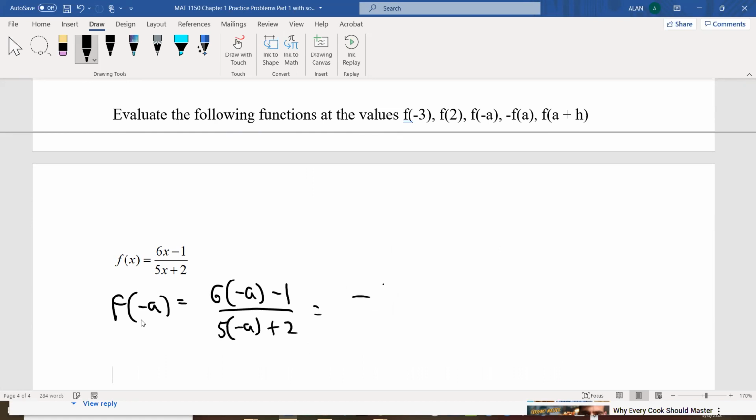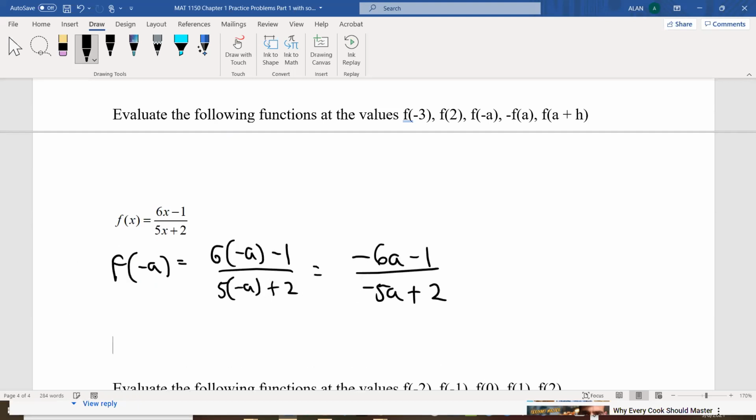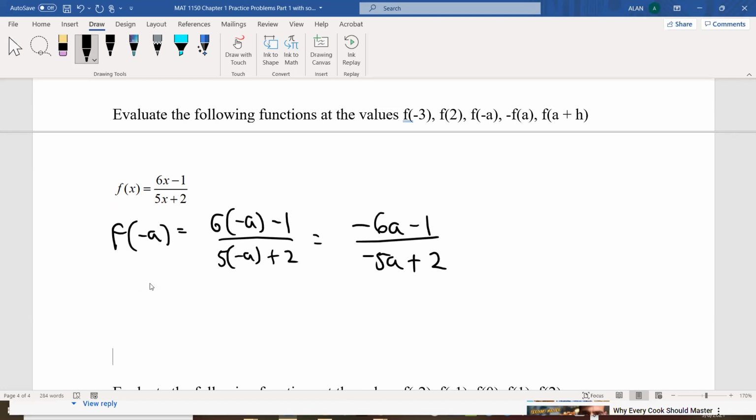And in a case like this, there's not a whole lot you can do with it. Sometimes these can be reduced a little bit, but not in this case. I don't see any way we can simplify it any further. So, don't waste your time looking for the perfect simplification. If it's obvious, go ahead and do it, but otherwise, this is fine.